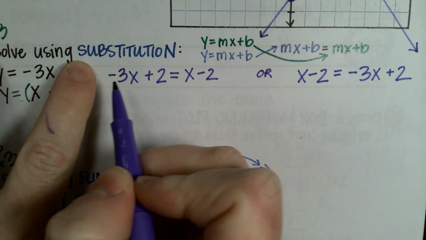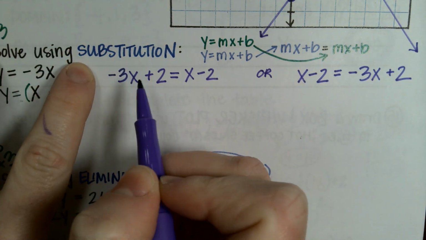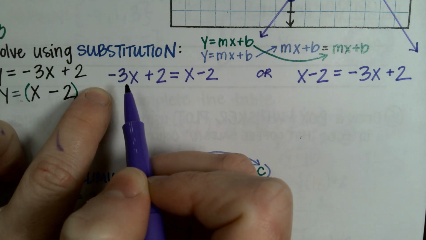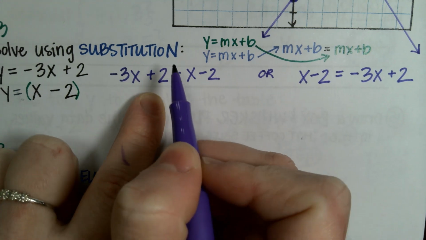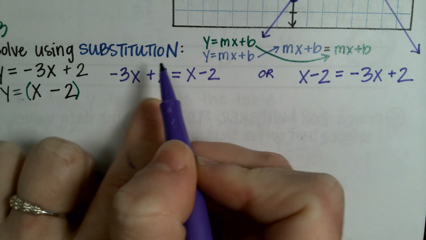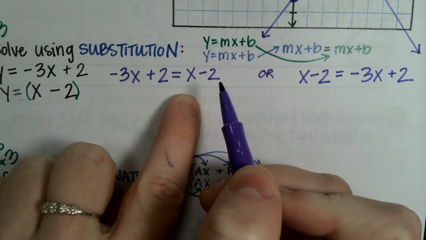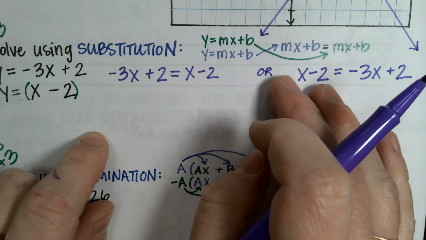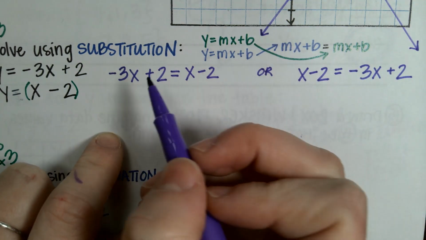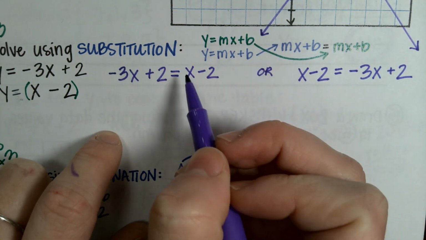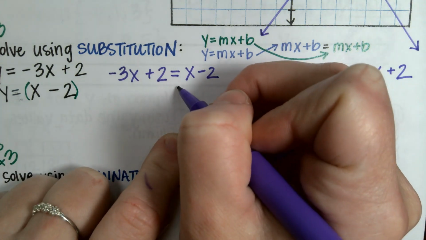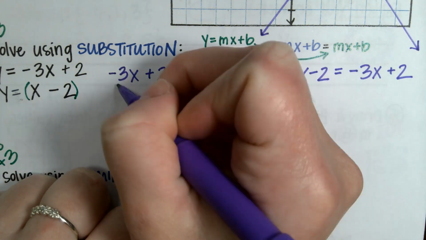If I were to try to get x by itself here, I cannot separate it from negative 3 yet, because I still have a plus 2 over here, and I still have an x over here. First thing I want to do is get all my x's on one side and all my non-x's on the other side. So would you guys rather add 4 or subtract 1? Subtract 1. Sure, let's do that. So minus x on both sides.